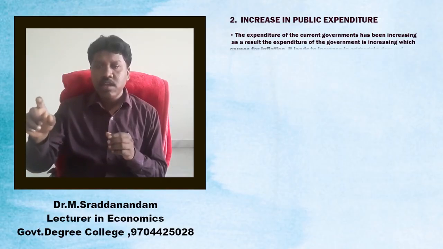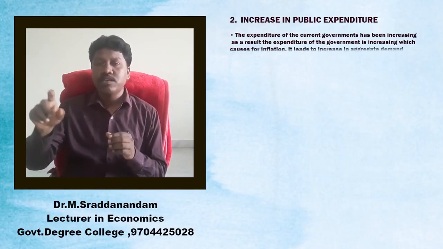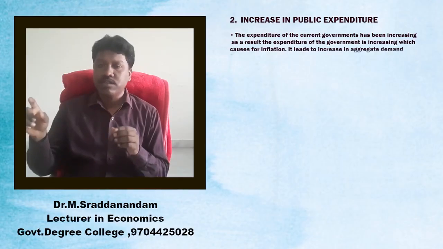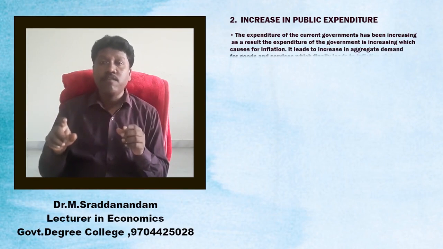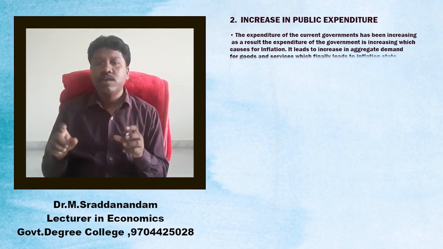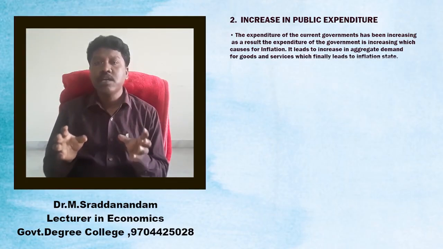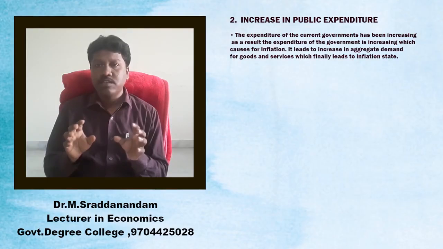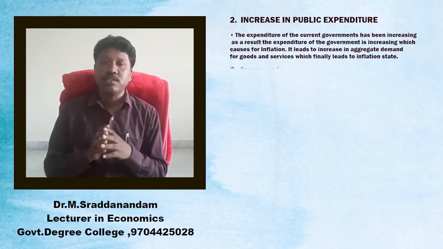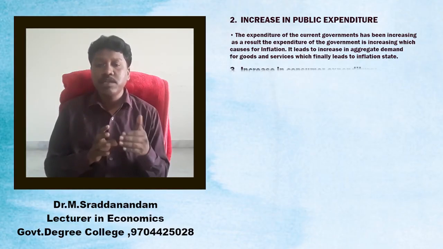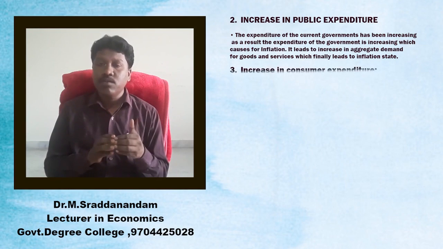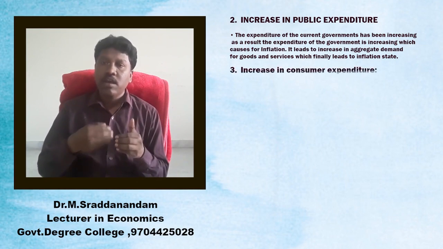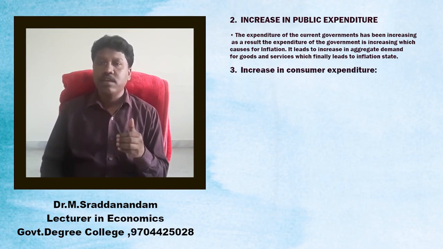So it leads to an increase in the general price level, which is known as inflation conditions. So increase in public expenditure is also one of the factors for inflation in the economy. Public expenditure plays a very important role in raising the price level in the economy.